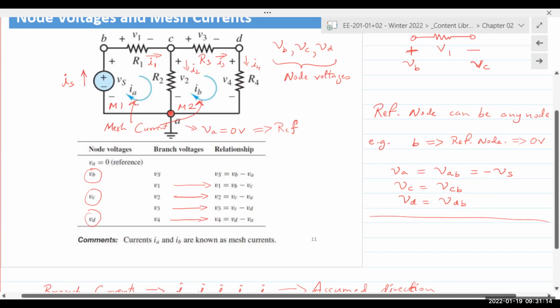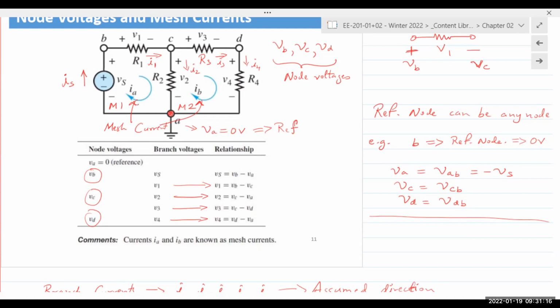Now, when you have mesh currents in that mesh flowing through the resistor, it causes a voltage drop, right? So now you express each resistor voltage in terms of that mesh current. And then we apply KVL and add up all the voltages around that mesh. The point of analysis is to write mathematical equations so we can solve for unknown variables.